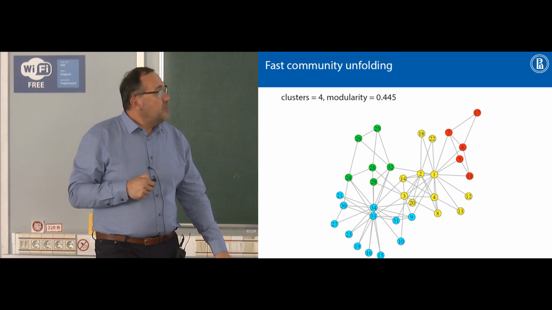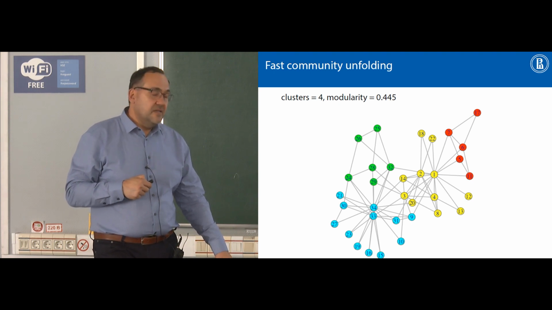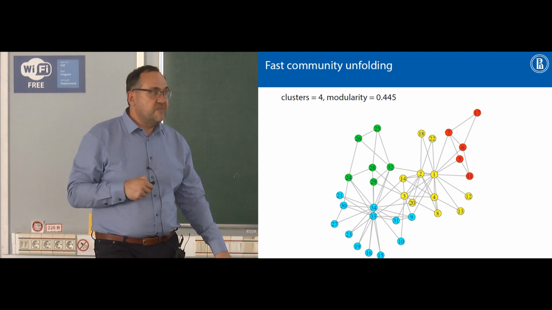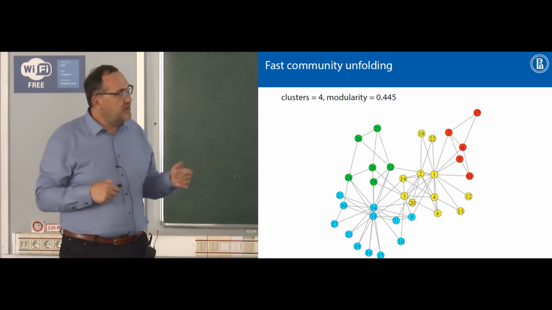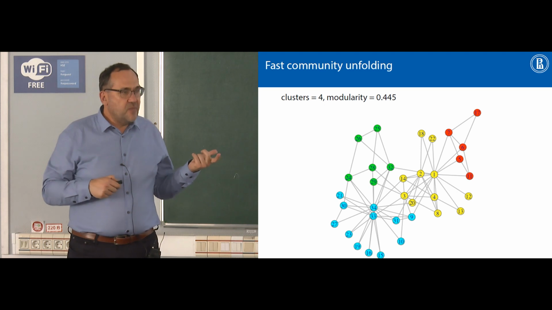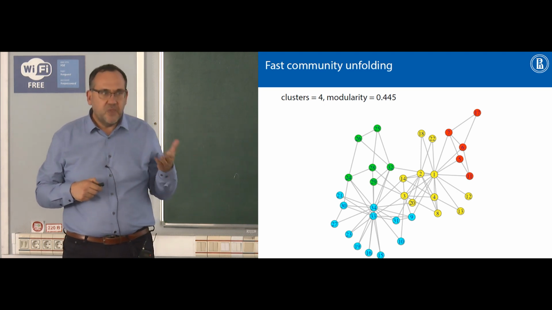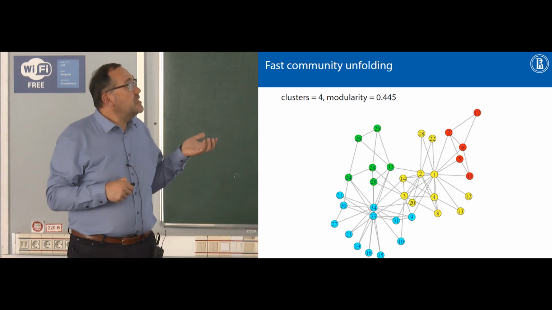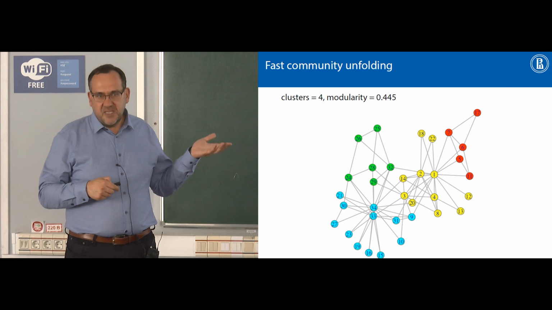So, bottom line, there exist various algorithms, and various metrics that allow you to check the quality of the partitioning. I would recommend looking at the modularity score as the quality of the partitioning. And in terms of algorithm, this last one, the Louvain method, probably works the best.